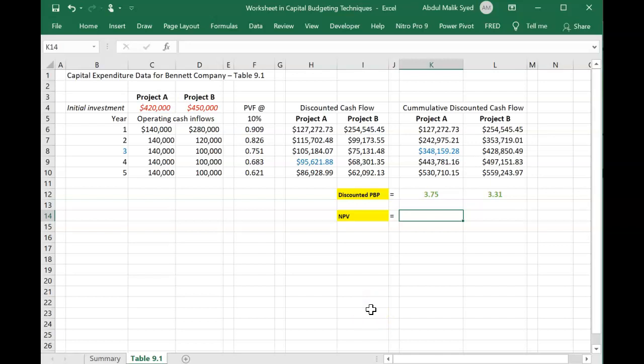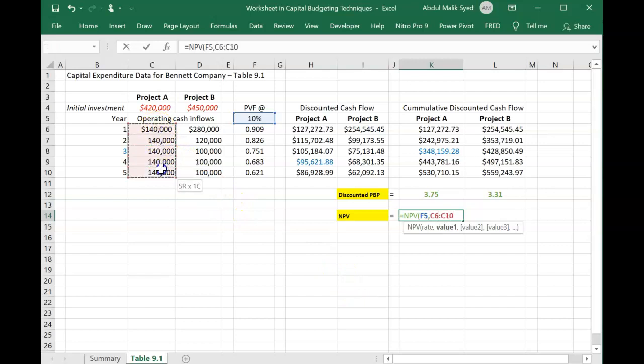I can use the NPV function: equal to NPV. It is asking me for the rate. What is my rate? The rate is the discount rate, the 10%, comma, the values.